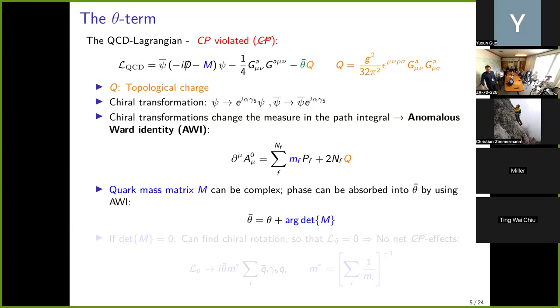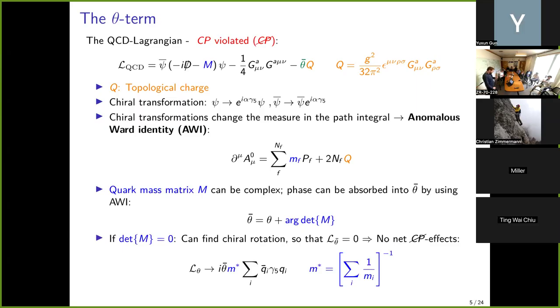So we do things the other way around. Basically, if we start with some initial theta and assume that the quark matrix in general can be complex, then we redefine it by making a chiral transformation so that the quark matrix is real, and this defines basically theta bar.